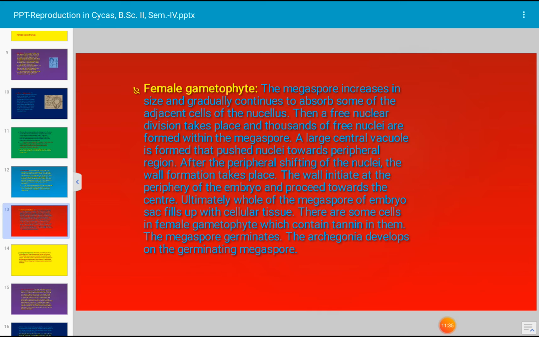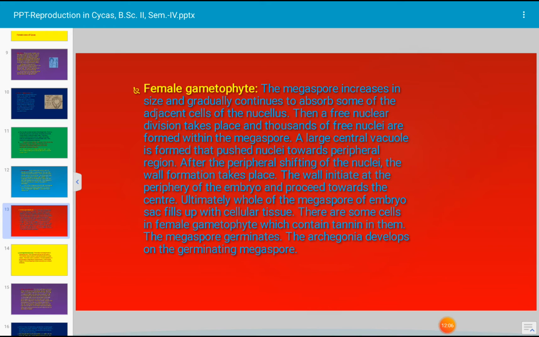A large central vacuole is formed that pushes the nuclei towards the peripheral region. After the peripheral shifting of the nuclei, the wall formation takes place. The wall initiates at the periphery, that is the outer region of the embryo sac, and proceeds towards the center. Ultimately, the whole of the megaspore or embryo sac fills up with cellular tissue.